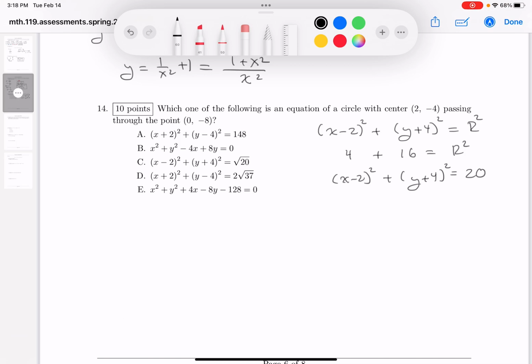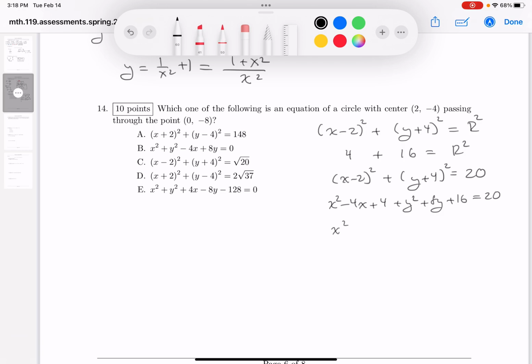Unfortunately, I don't see that listed. So if it's not listed, I've got to start thinking about what I need to do. And I would say expand it might be a good idea. This is x squared minus 4x plus 4. This will be y squared plus 8y plus 16 equals 20. I don't see that in the key either.